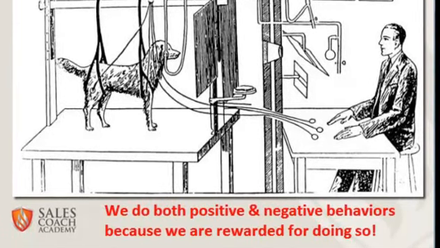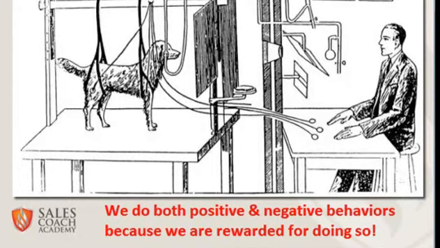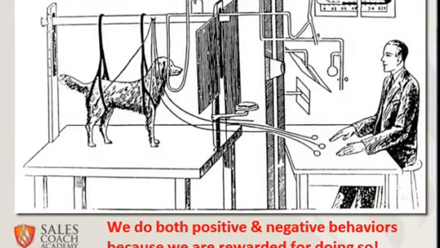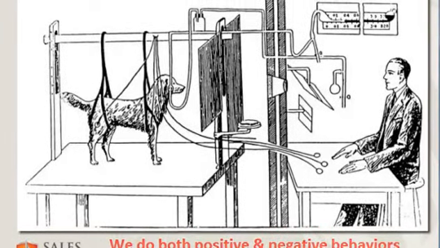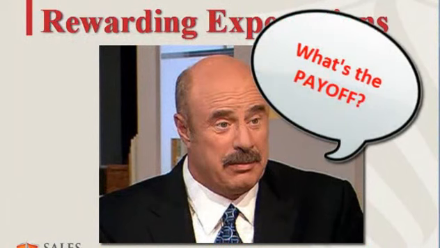We do both positive and negative behaviors because we are rewarded for doing so. If you take any negative dysfunctional behavior that you might have, there's obviously, as Dr. Phil would say, a payoff. And the payoff for doing that dysfunctional behavior is bigger than the reward for not doing it. And so hence we keep doing it.